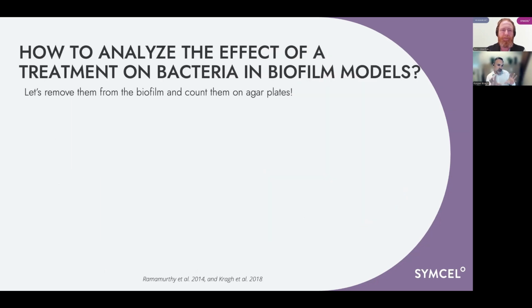I want to go a bit deeper into why CFU counts suck so much. A CFU count, when you're working with biofilm, has a lot of limitations. We want to remove cells from the biofilm that we have treated, shake them up with sonication or vortexing, and then plate them onto an agar plate.